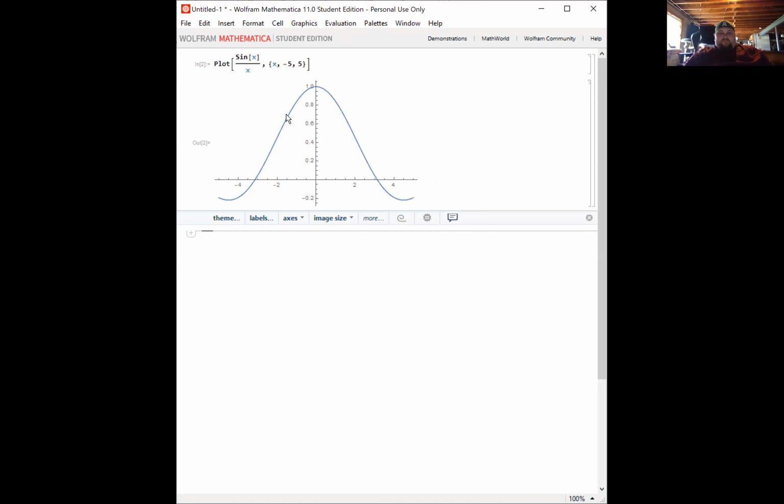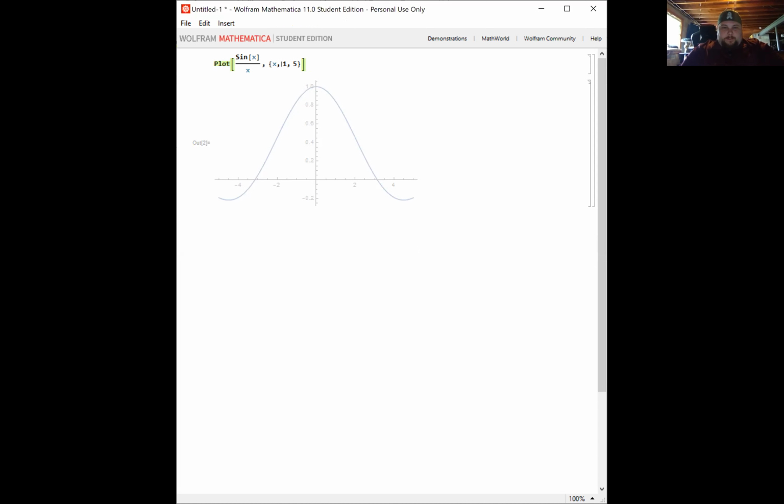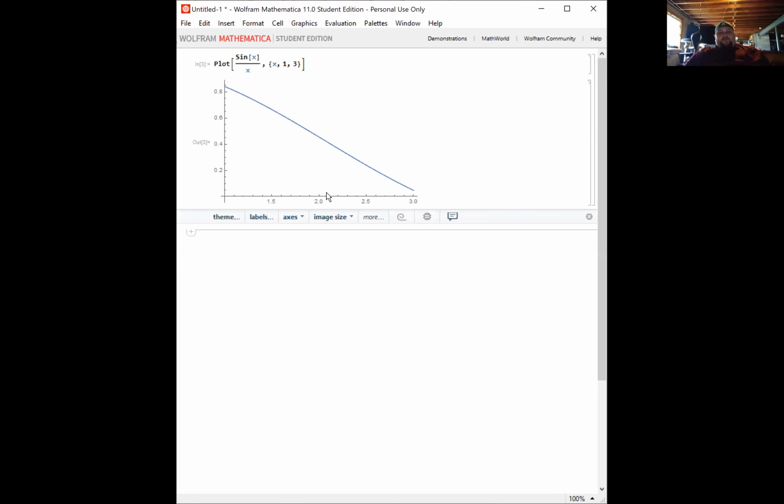Okay, so there is my plot of sine of x over x. But I really just want the piece from 1 to 3. So when I shrink it down, it's going to get a lot less eventful. When I look at just that piece, that's from 1 to 3. Now, of course, the scale isn't the same on both sides.